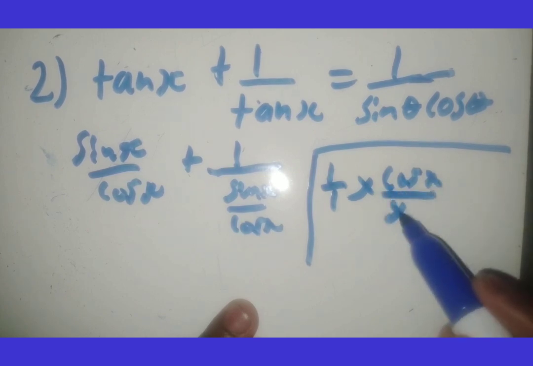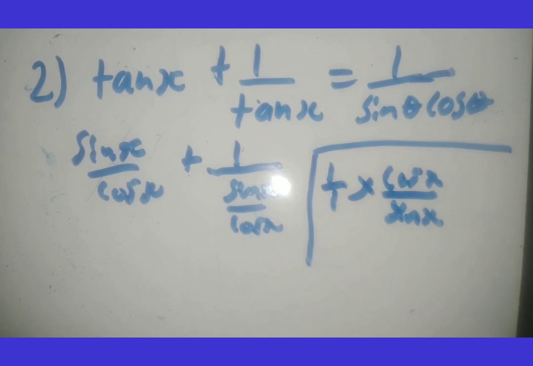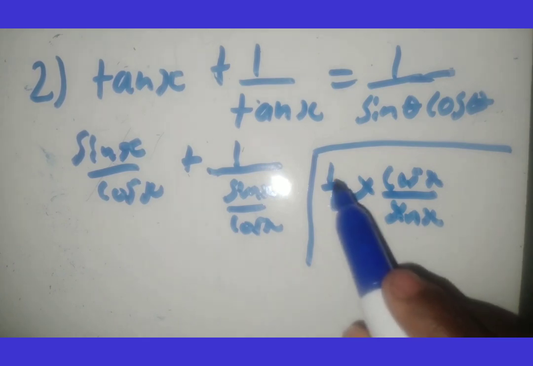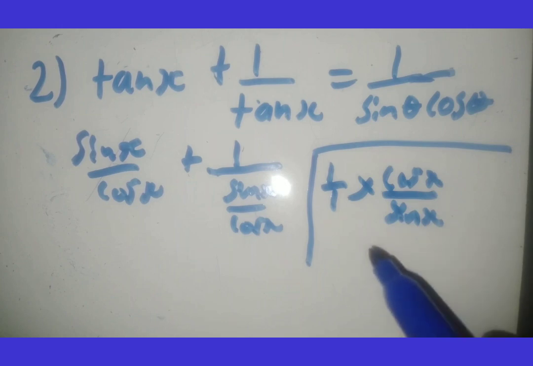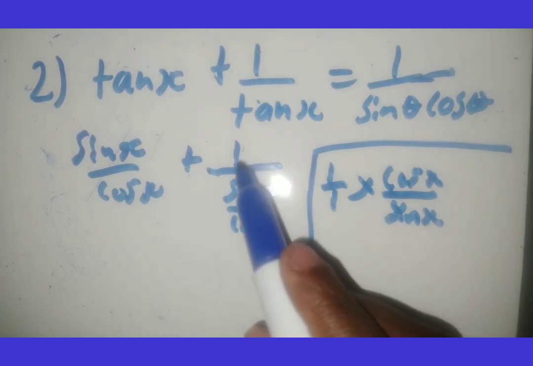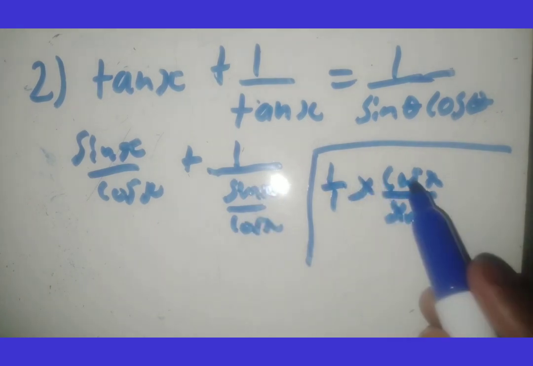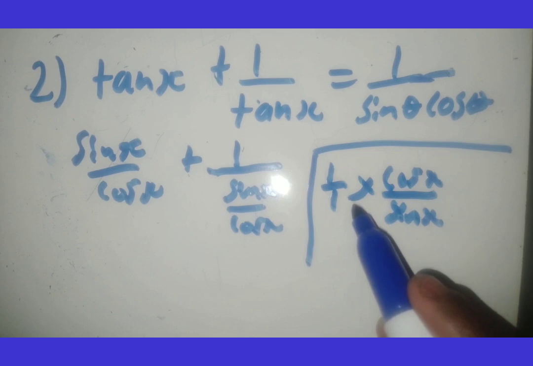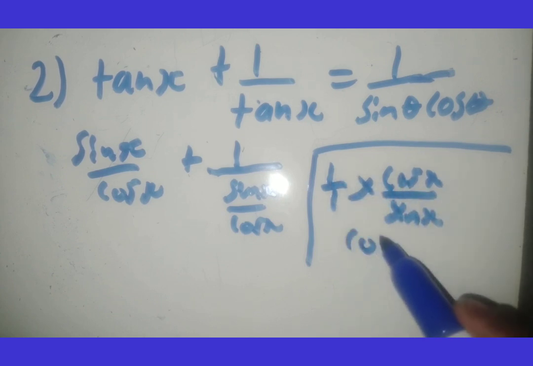If you don't understand anything, comment on the section below and I will respond. So 1 over 1 times cos over sine, right? That's what we have. So notice, it's just simple, right? You just deal with it using the rule of division. So then this will become 1 times cos. You see, there's nothing to cancel, right? So we just multiply along the same line. So 1 times cos x is cos x.